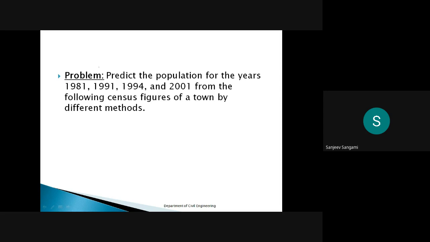What they are asking is: predict the population for the years 1981, 1991, 1994, and 2000 from the following census figures of a town by different methods. Today we'll complete the arithmetic increase method. In the next class we will complete the incremental increase method and the geometric increase method based on this problem.